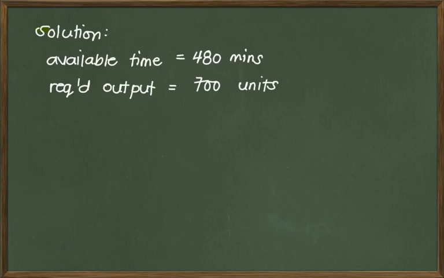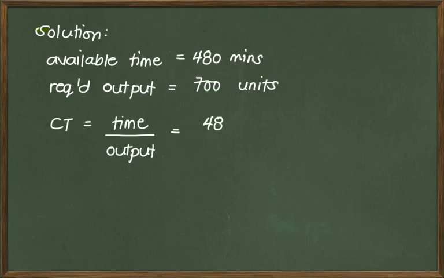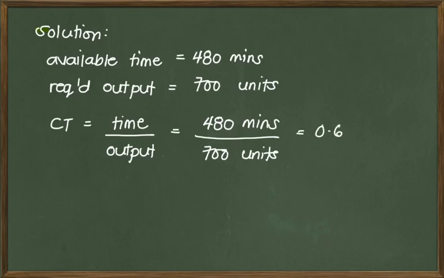You first need to compute for the cycle time. So cycle time is your available time divided by the output, which is 480 minutes divided by 700 units. And that will give us a value of 0.686. So we use at least 3 decimal places for this one.